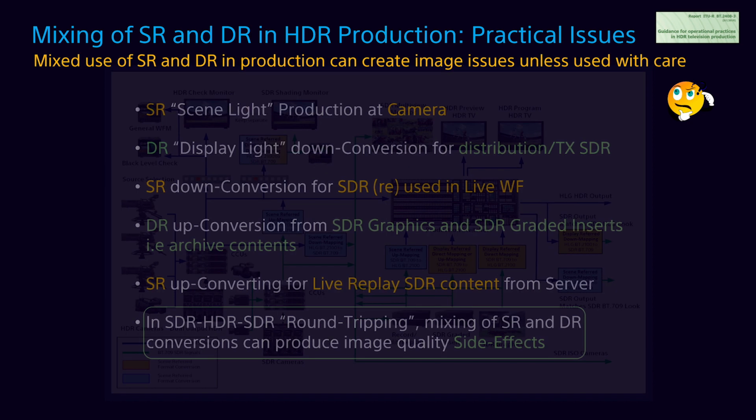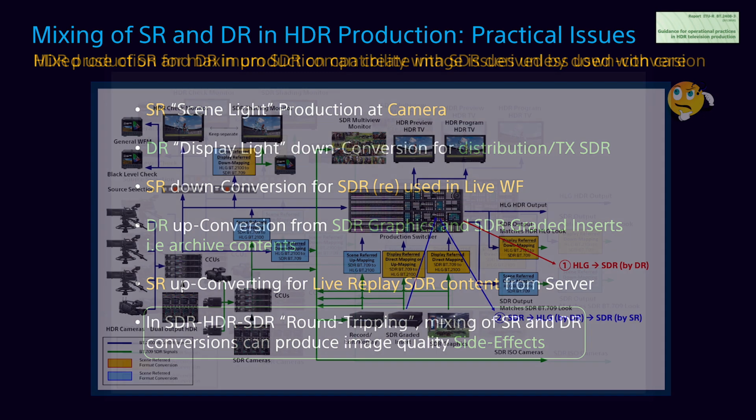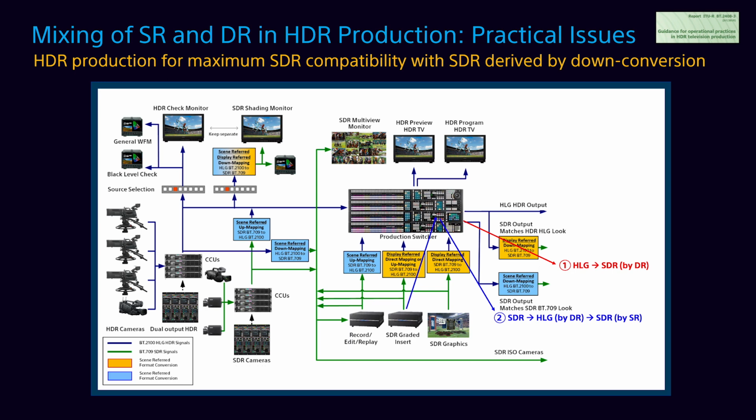This picture shows some of the new options now available for the use of SR or DR conversions in live production. In the end, the mixing of these conversion processes can result in image quality issues we call side effects. Let me illustrate two possible cases of these side effects.